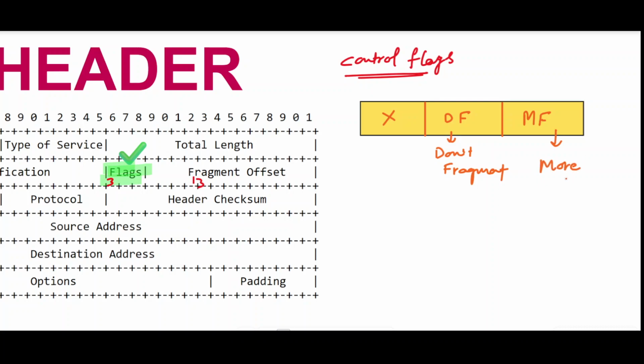The names give information: something is a symbol, something is used as a representative member, like a parliament. Clear? More fragment. Now in a bit field there are only 2 values, but this first bit field is not used, so it is reserved.